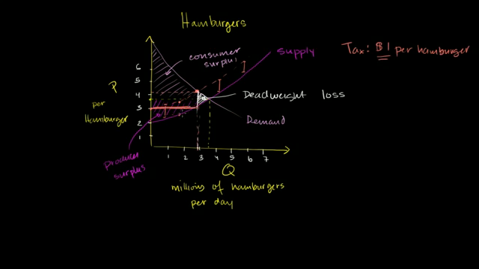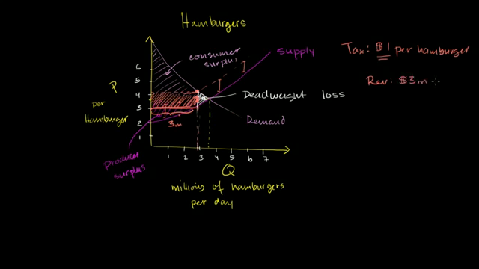This length right over there is 3 million. And then the height is that dollar. So let me shade it in. The height is that dollar right over there. So the tax revenue that the government is going to get is 3 million burgers times $1, which is going to be $3 million per day.